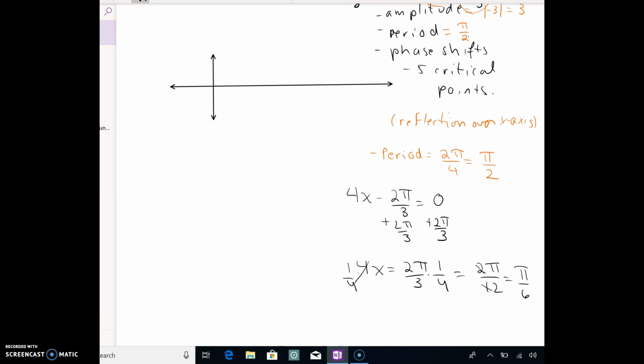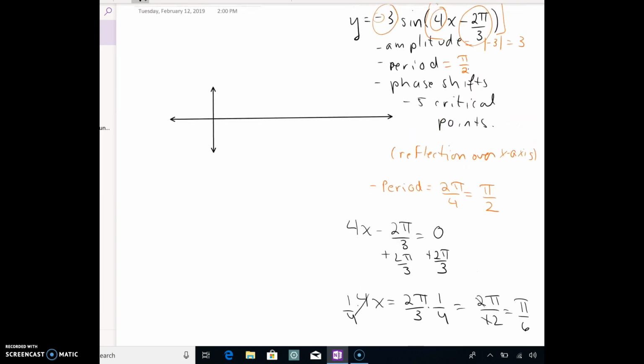So that's telling us now that we're starting at pi over 6. So again, instead of starting at 0, because we have that phase shift of 2 pi over 3 on our period of pi over 2, we're going to start at pi over 6. So let's start right over here. Let's remind myself that our starting point is pi over 6. It doesn't matter really where it is as long as it's to the right of 0 because it's positive. So that's our starting point.